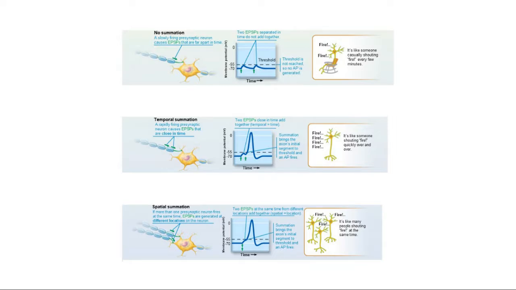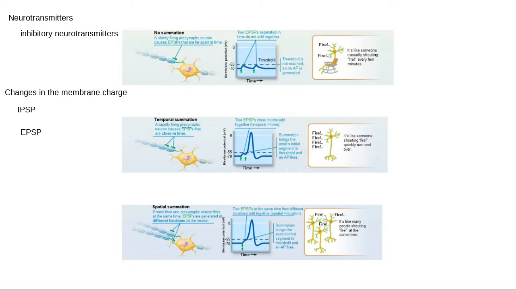So when we talk about IPSPs or EPSPs, those are the membrane charges. So here, let's make a list. IPSP, EPSP: these things are the changes in membrane charge. The way I make those changes is by using neurotransmitters. So we have what are called inhibitory neurotransmitters, and we have excitatory neurotransmitters. These are the things that are released by a presynaptic neuron.